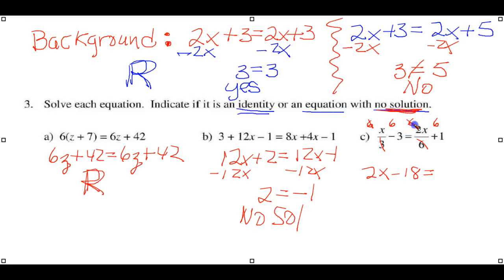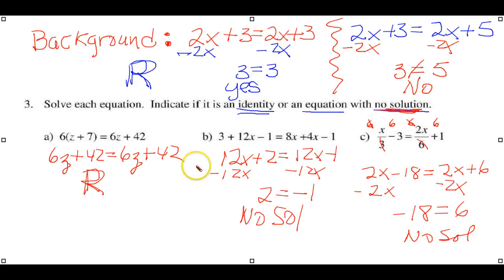Here the 6's cancel out and we get 2x plus 6. So you couldn't tell before, but now that we got rid of the fractions and we're going to subtract out the 2x's, we get negative 18 equals 6. Is that a true statement? No. So no solution.